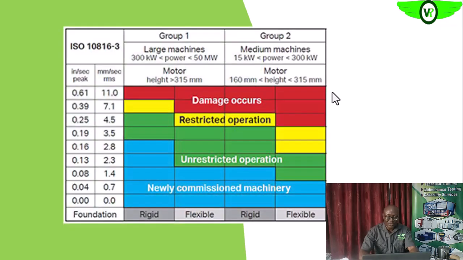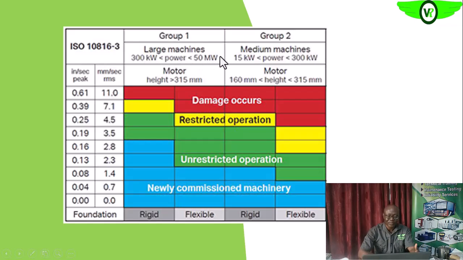Most of those handhelds come with this chart, so you see the overall vibration reading. This one is very easy to interpret. You see we have group 1 equipment and group 2 equipment. Group 1 equipment are large equipment in the power range between 300 kilowatts and 50 megawatts.